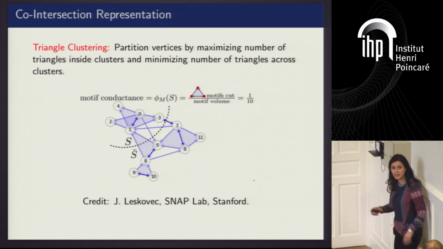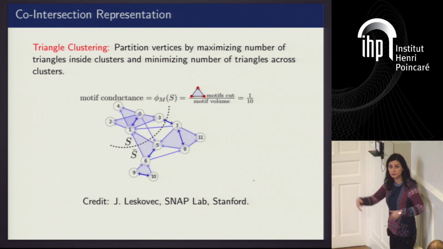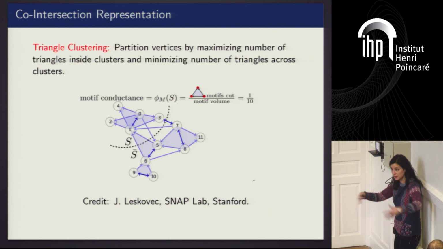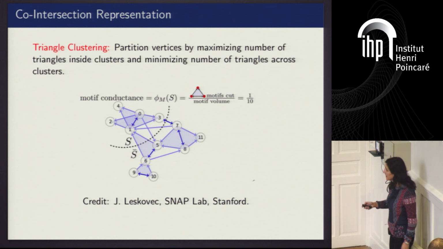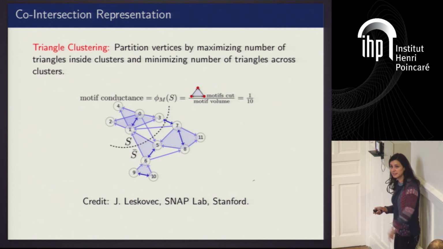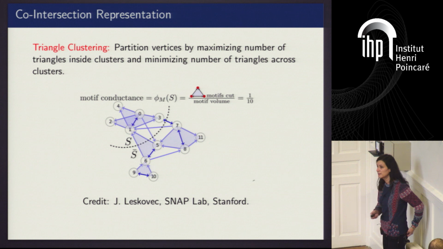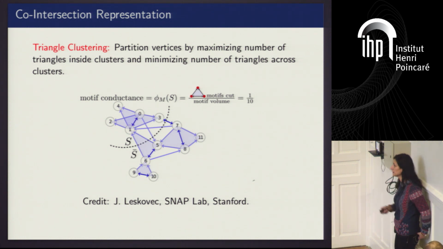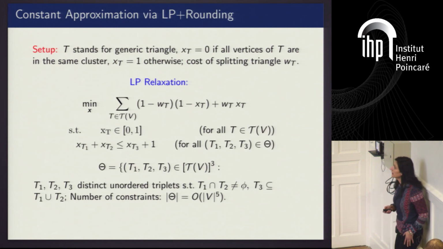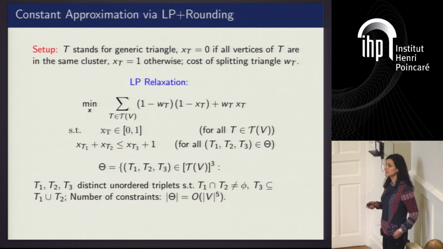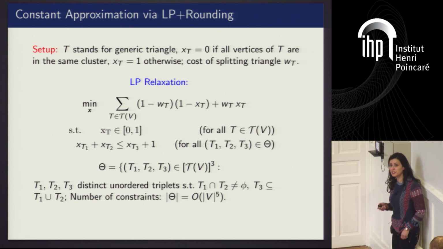The goodness of a cut can be judged by the number of motifs that are dissolved or separated by using this approach. This was very recently proposed by the famous social network community group, Jure Leskovec at the Stanford SNAP lab.